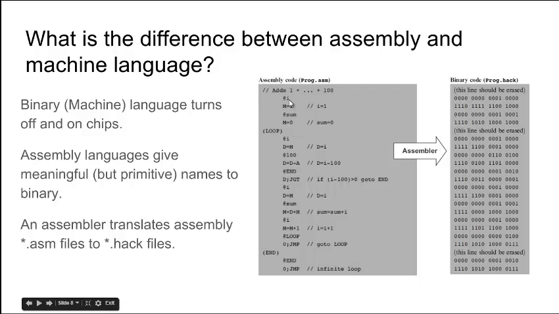So all the labels, all the human-friendly stuff disappears, and they turn into numbers. So this gets pretty hard to look at once you're inside the CPU emulator. This is called an ASM file. This is called a hack file. In order to test your ASM, you have to have a hack file created, although you can load the ASM directly into the CPU emulator.